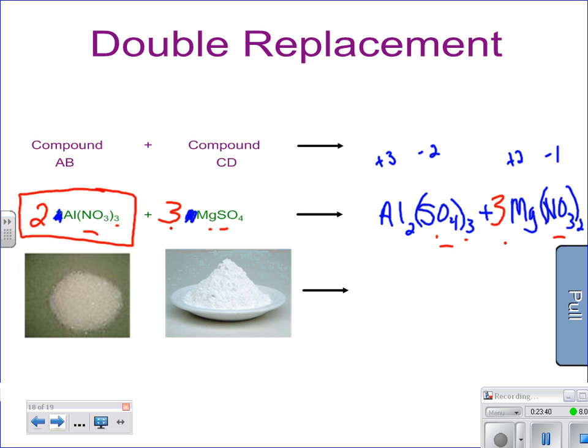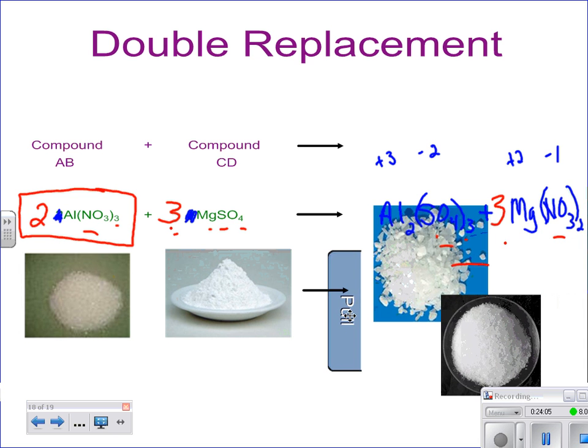We could go through that process and then you'd see you have 12 here, so that'd give you a total of 30 oxygen atoms on that side. You should have a total of 30 on this side also. That becomes really challenging and cumbersome to go through it that way. So it's much easier to keep your polyatomic ions intact if you can. There's a couple other hints that we'll see as we go through some examples also. So I guess we should look at, this is what our products would look like. There's aluminum sulfate and magnesium nitrate.